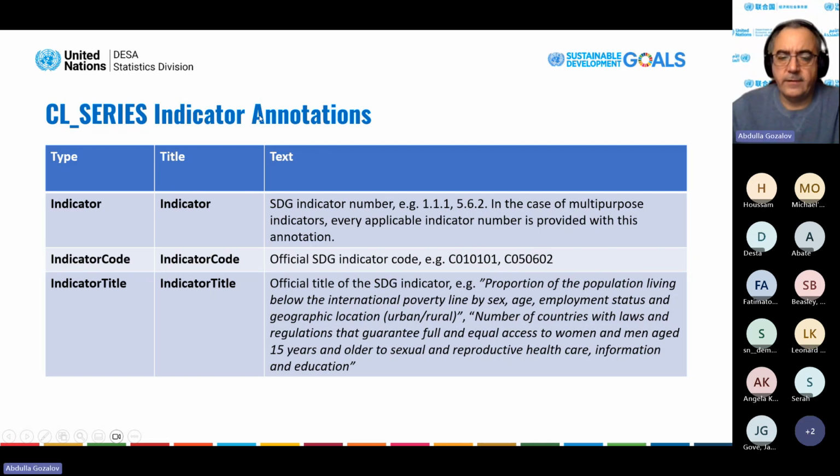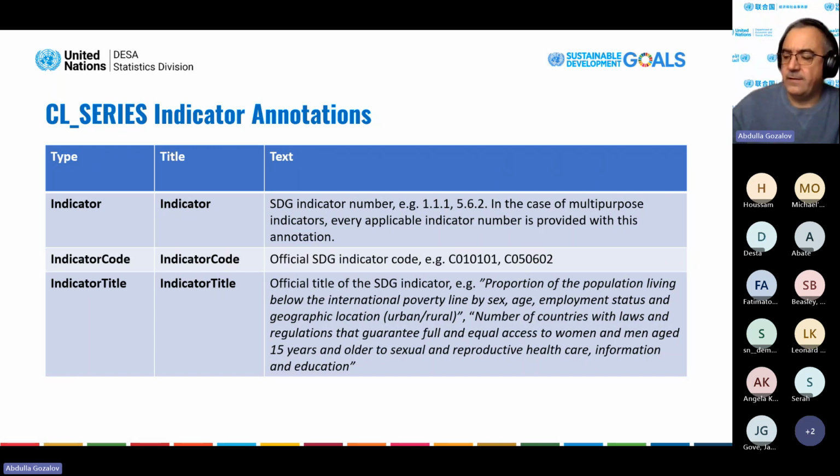Okay, so GL series annotations. You will see that each annotation has three fields: type, title, and text. In the case of SDG annotations, you will see that type and title are identical. I will not go into detail why that is the case.